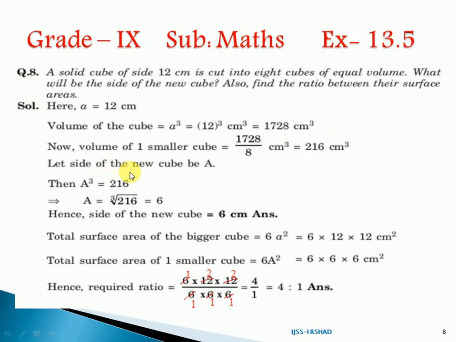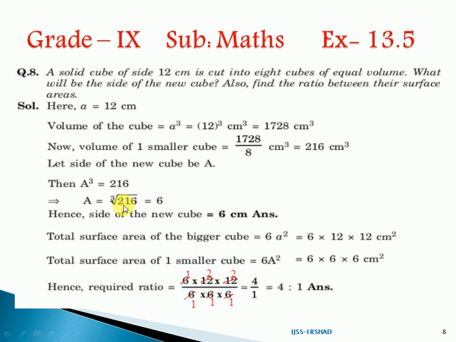So let the side of the new, smaller cube be capital A, or you can take any letter x, y, z, anything. Therefore a cube is equal to 216, meaning the volume of the new smaller cube is a cube, and that is equal to the given 216. So A is equal to, removing the cube, the cube root of 216. The cube root of 216 will be 6, meaning 6 into 6 into 6 is equal to this.